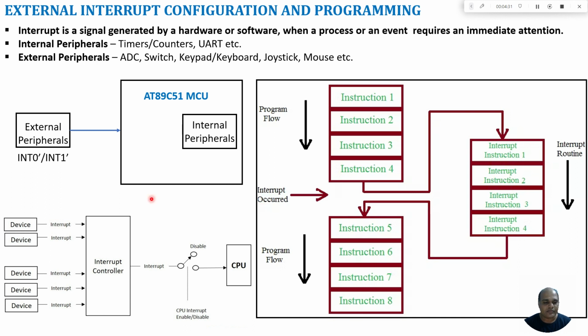As I said, our microcontroller supports interrupts from both internal peripherals as well as external peripherals. The 89C51 microcontroller supports 5 interrupts. Out of 5, 3 are internal and 2 are external. The external interrupts are INT0 bar and INT1 bar.